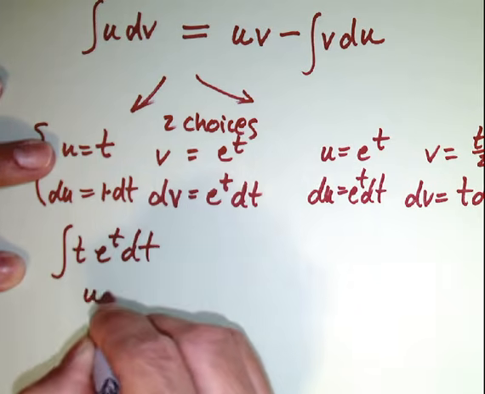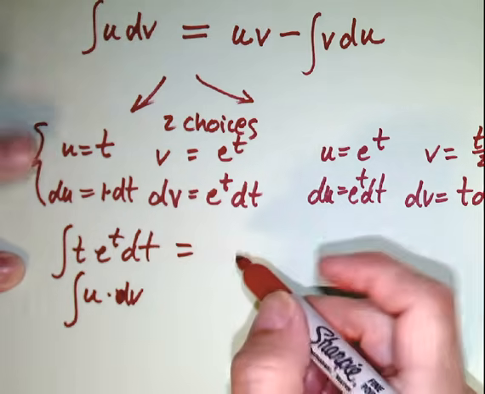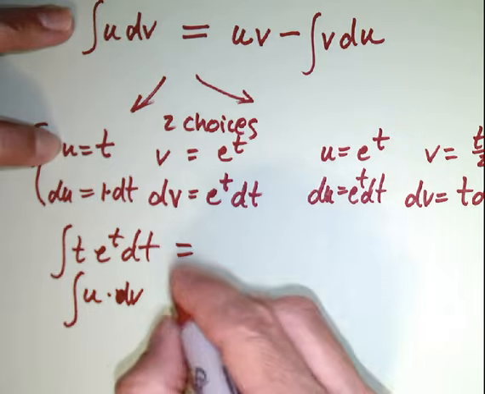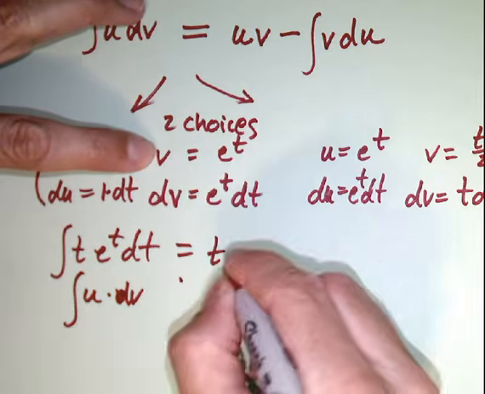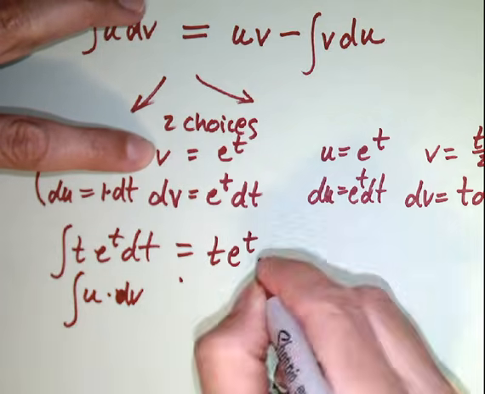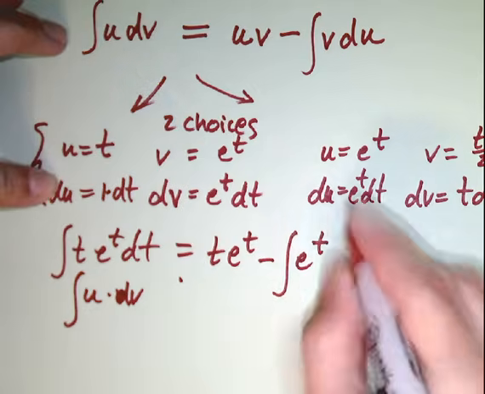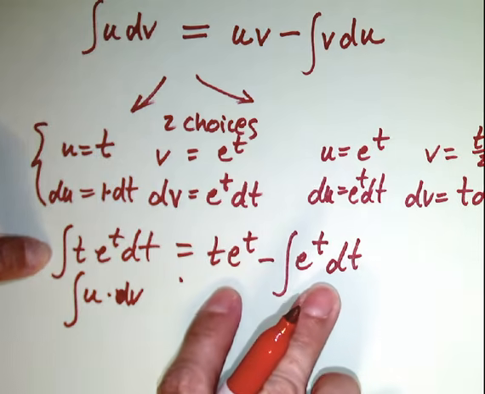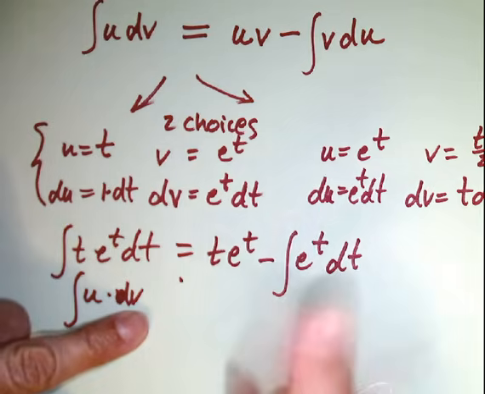So the integral of u dv is equal, based on the formula that we derived on that previous page, to u, which is t, times v, e to the t, minus the integral of v, e to the t, du, dt. So I've taken this integral and rewritten it in this expression where it still has an integral, but now this one is one that I can easily solve.